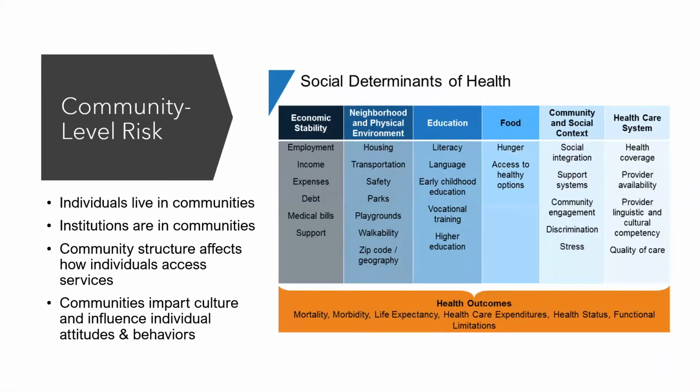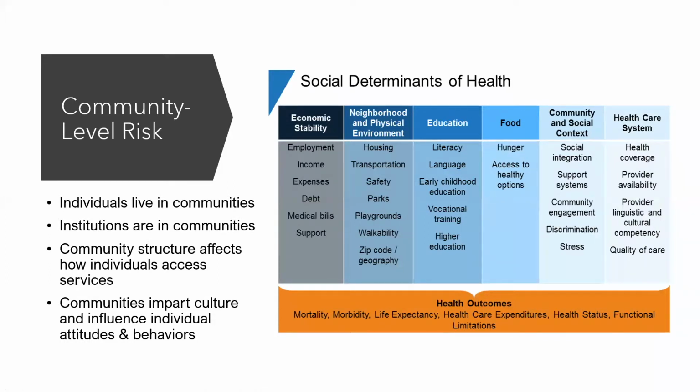And as many people on this call know, community level risk is really rooted in the idea behind what are called the social determinants of health, or the social factors that lead to health. Where social determinants of health come from is this idea that our community imparts risk on individuals.